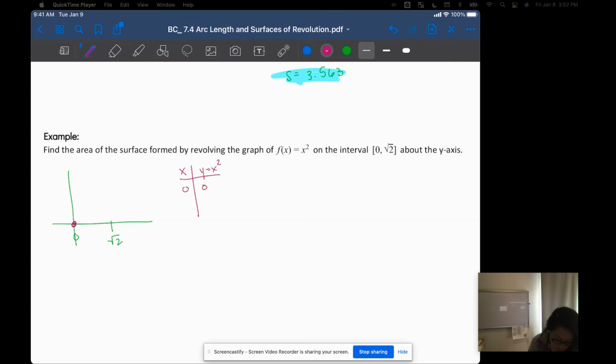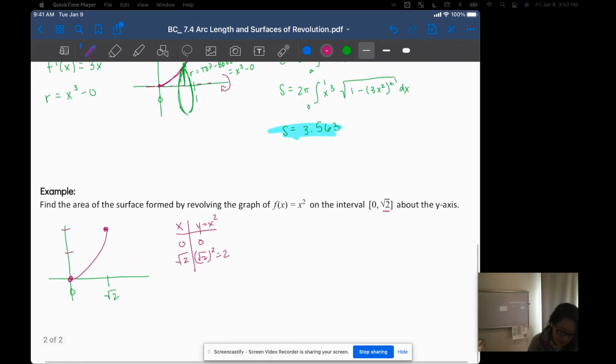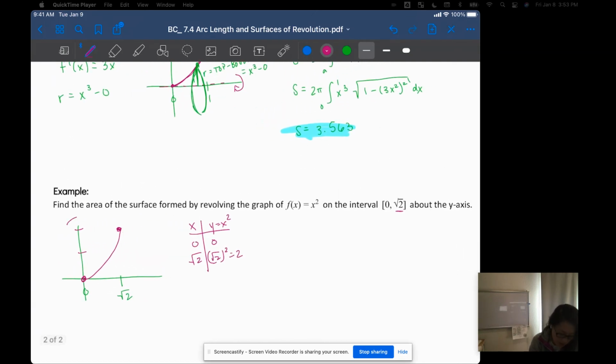And then at root 2, the y value is going to be root 2 squared, which is just 2. Then I'm going to find the surface area of this curve rotated around the y-axis.